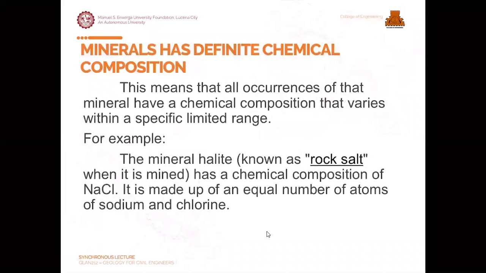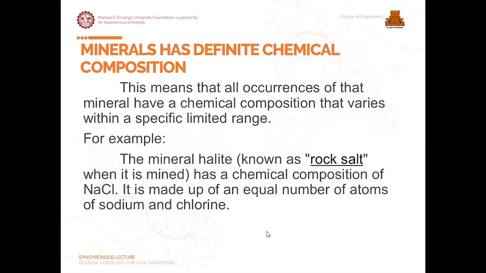Then next, minerals have a definite chemical composition. This means all occurrences of that mineral have a chemical composition that varies within a specific limited range. For example, the mineral halite, or what we commonly know as rock salt, has a chemical composition of sodium chloride.